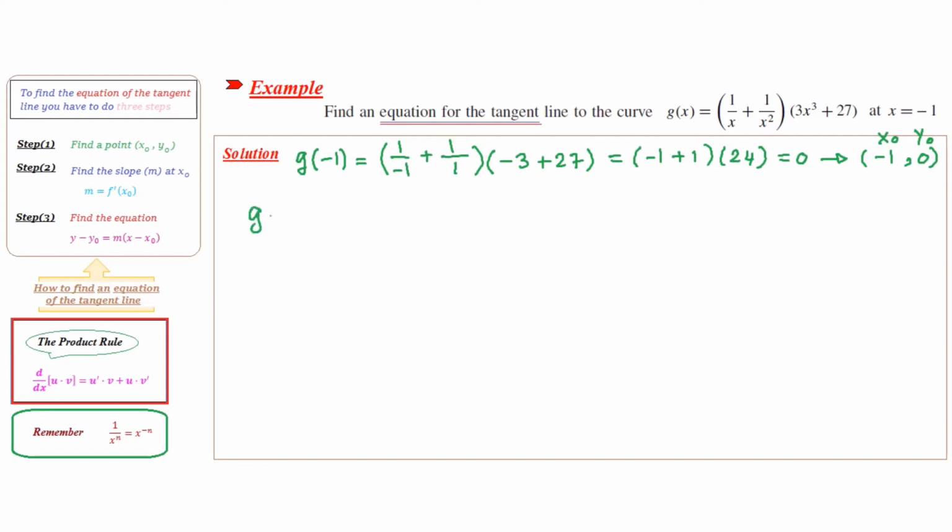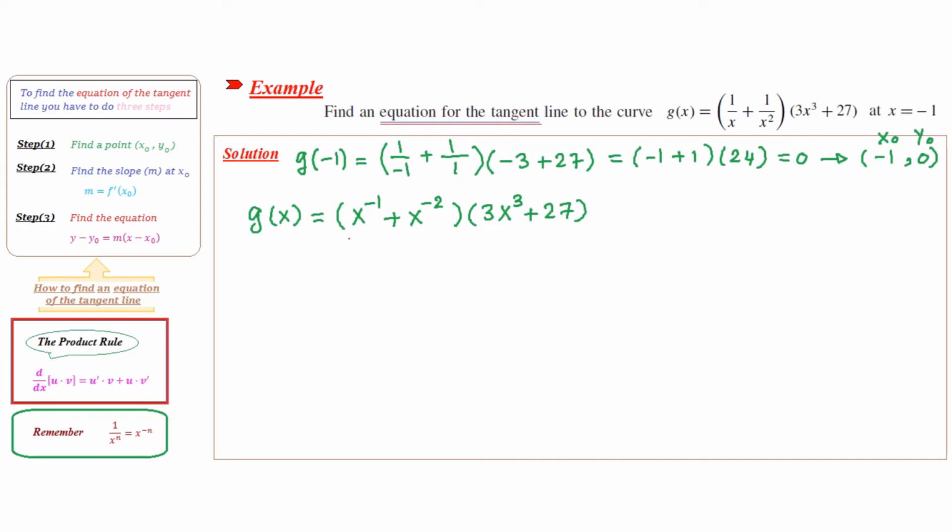So the original function g of x, we can rewrite as (x to the power -1 plus x to the power -2) multiplied by (3x cubed plus 27). Now we can start finding the first derivative.